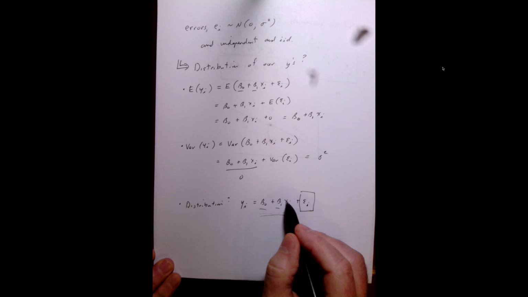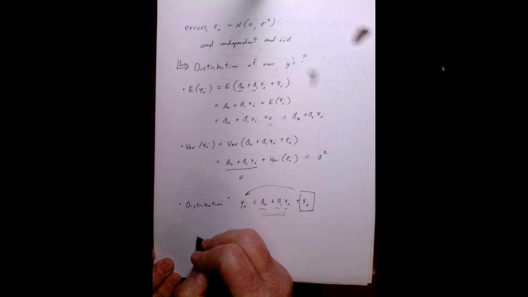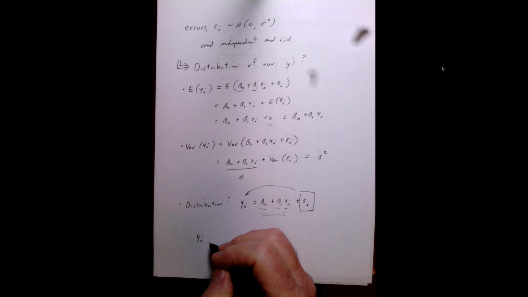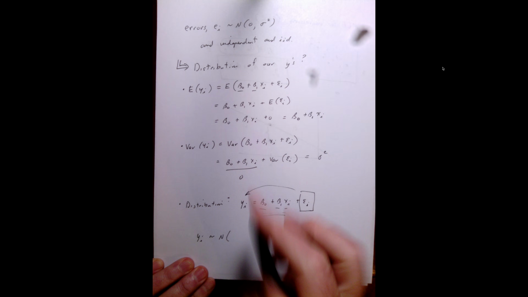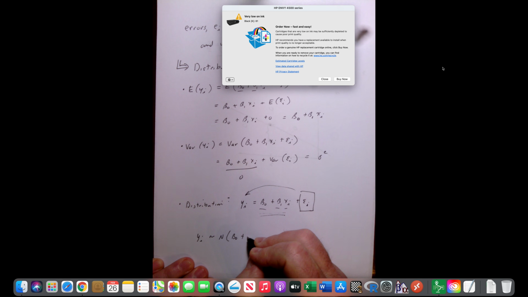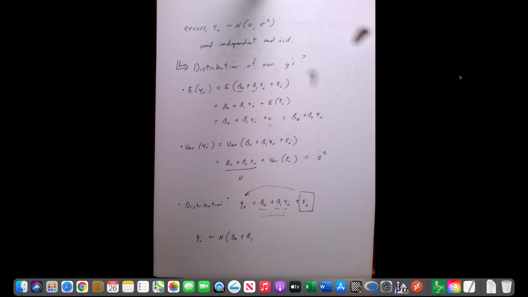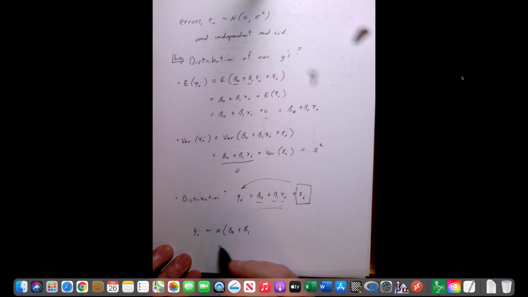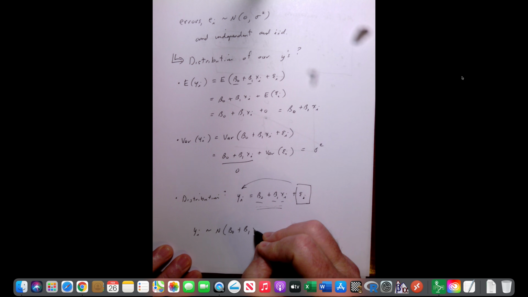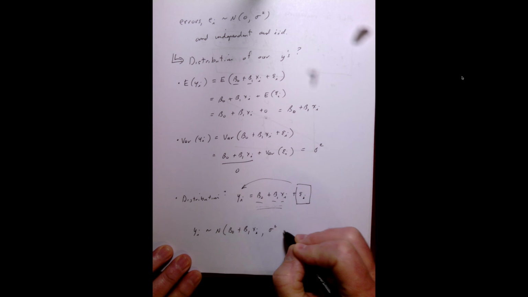So when we have a constant plus something that is normally distributed, it forces our y sub i's to be normally distributed. So we know they follow a normal distribution with mean, as we showed up here. Extremely annoying. Apparently I need ink. Imagine that. Okay, I lost my train of thought. So, okay, we have normal distribution. We need mean beta 0 plus beta 1 x sub i. And we have variance sigma squared.